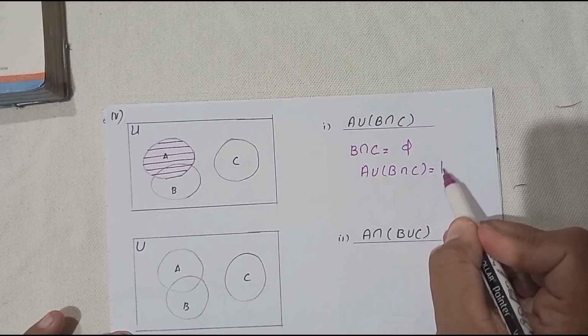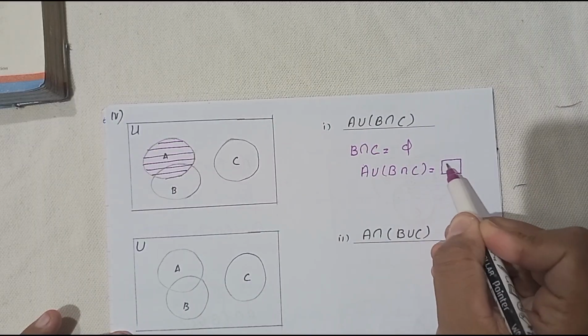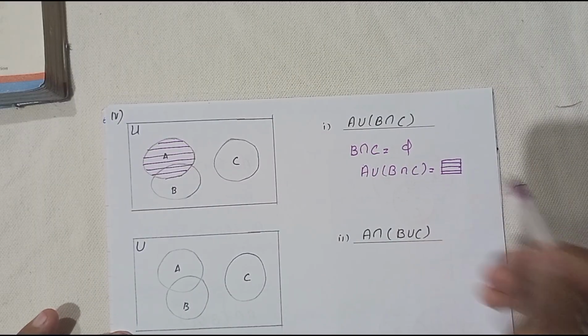So the answer is all part shaded with vertical lines.